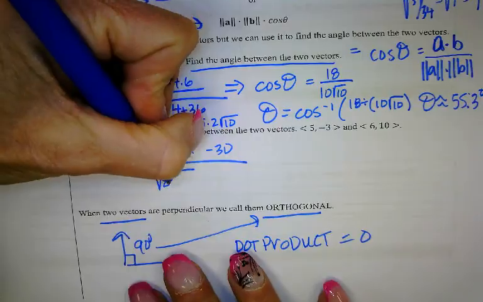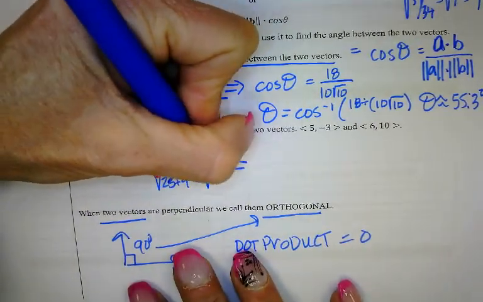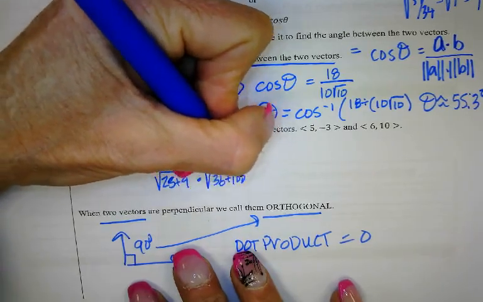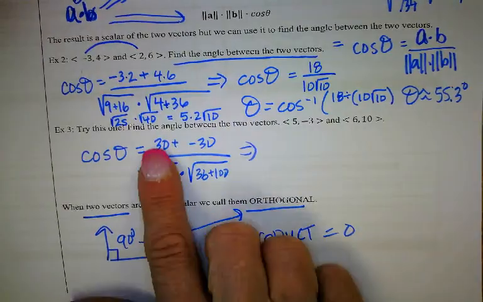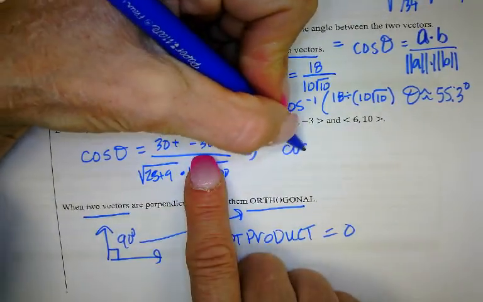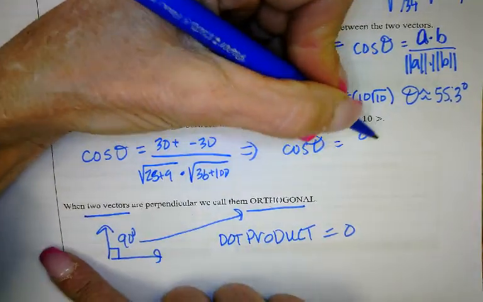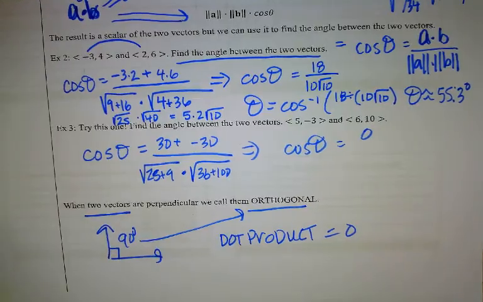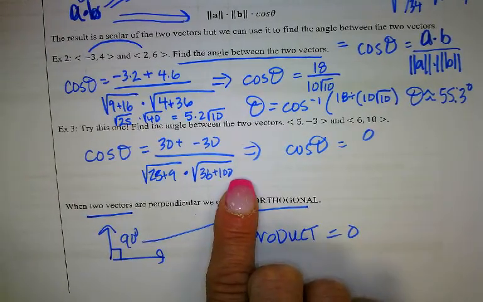Now, I kind of wasted my time. The dot product, what's 30 plus negative 30? 0. So 0 divided by anything is what? 0. So even if I figured out what this answer was, it wouldn't matter. 0 divided by whatever.